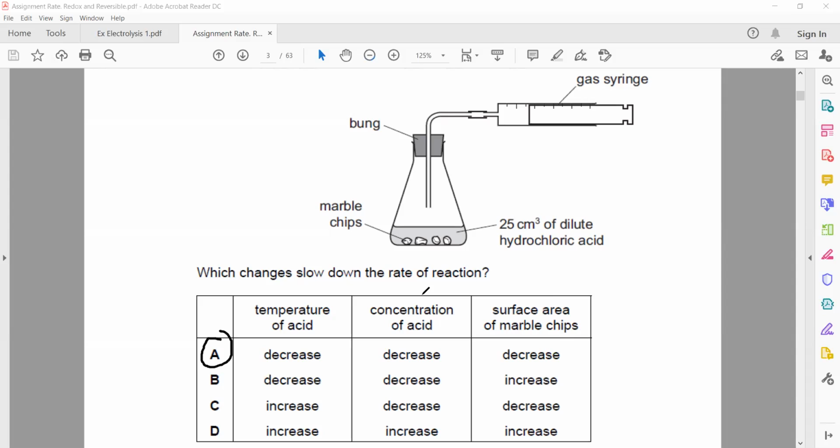A is the right answer because we decrease the temperature, so less often they collide.